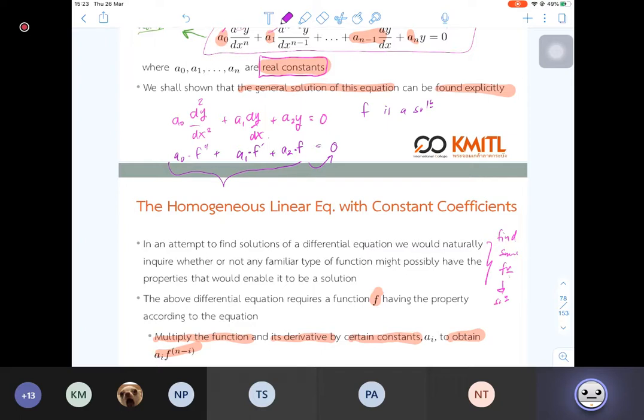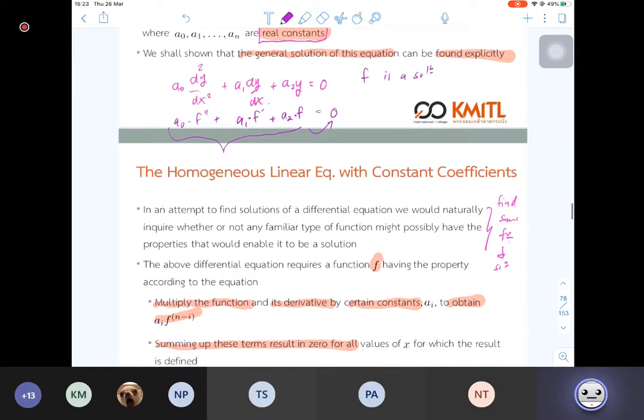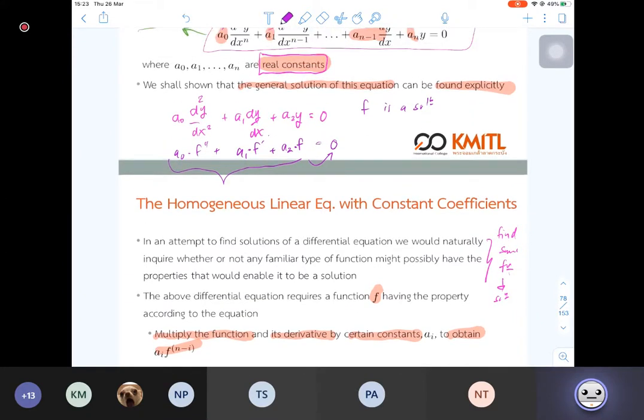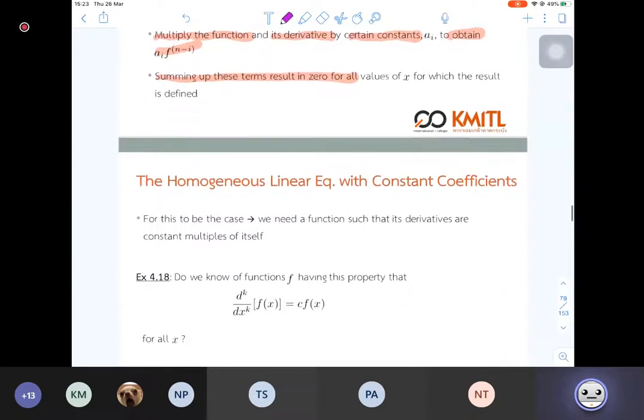First, when you multiply the function and its derivative by a certain constant, like this constant, you get this term, right? And when you add those terms up, you should have 0. So if this is the case, then your f is the solution to this differential equation, right? That's what it said.